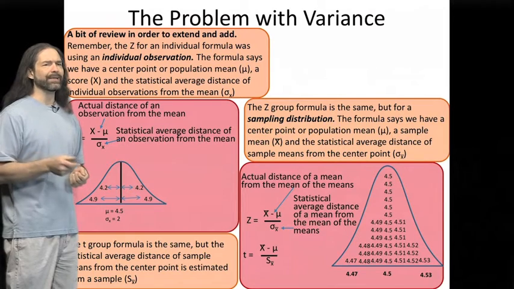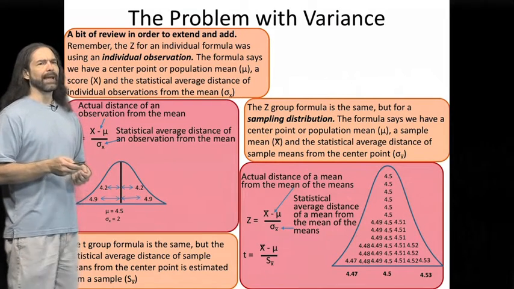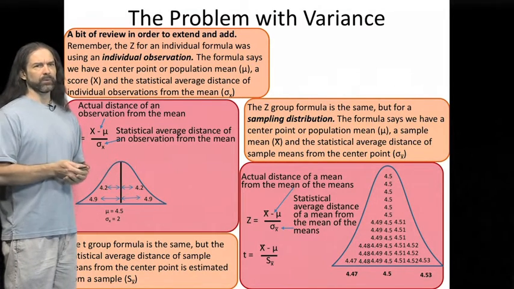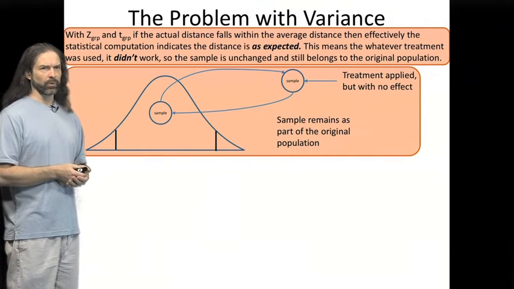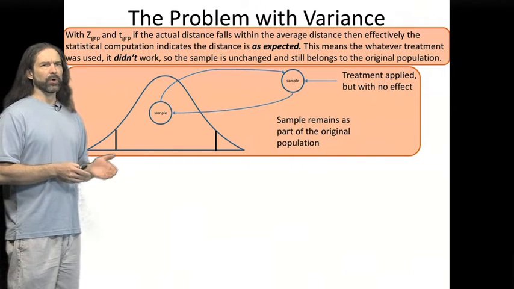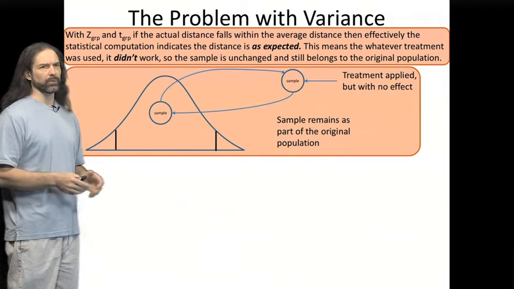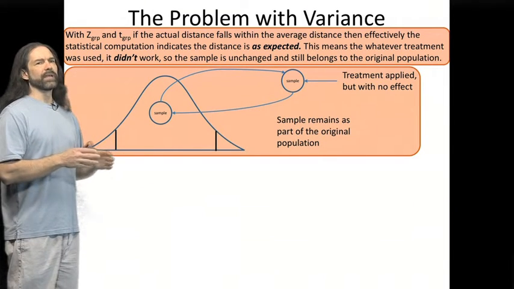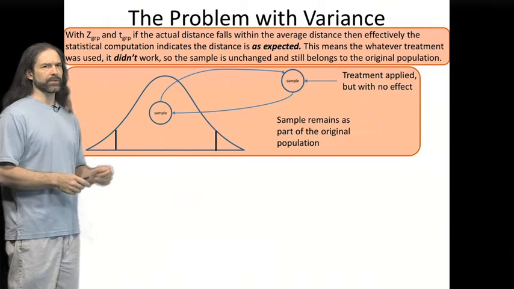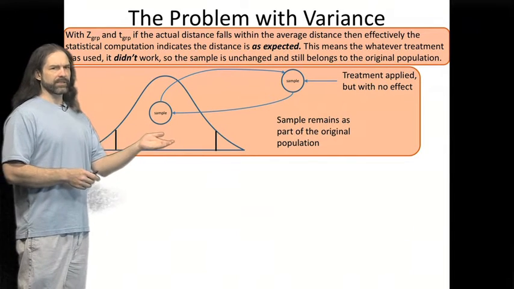So what is actually happening when we're doing an experiment and testing a treatment of some sort? Well, with a z-group and a t-group, really what we have is some population, some overall set of complete observations, and we're taking from that a sample.